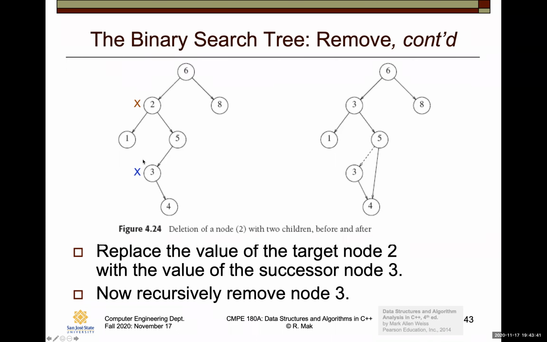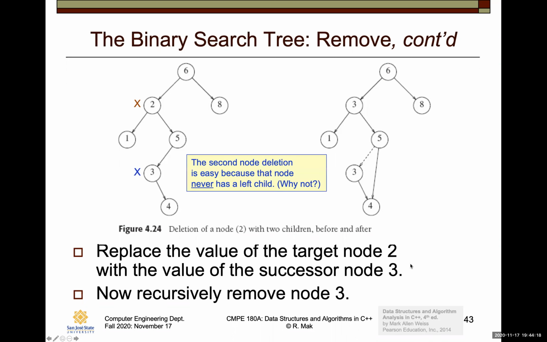And then we have to remove the successor, but because the successor is the minimum value of a subtree, it can have at most 1 child, or it may have 0 children, and we already know how to remove nodes that have 0 children or 1 child, and so this is how we remove a node from a binary search tree, and what's left should still be a binary search tree. Okay. All right.